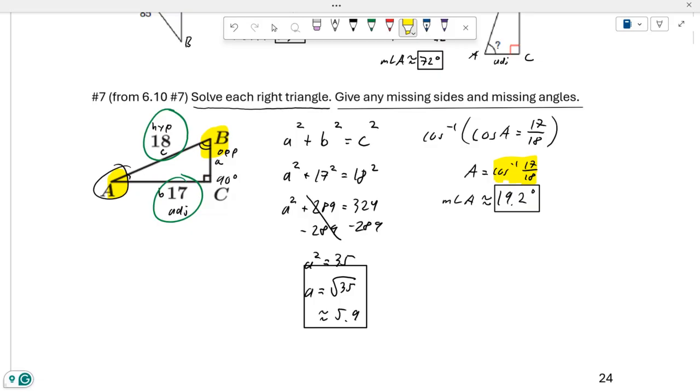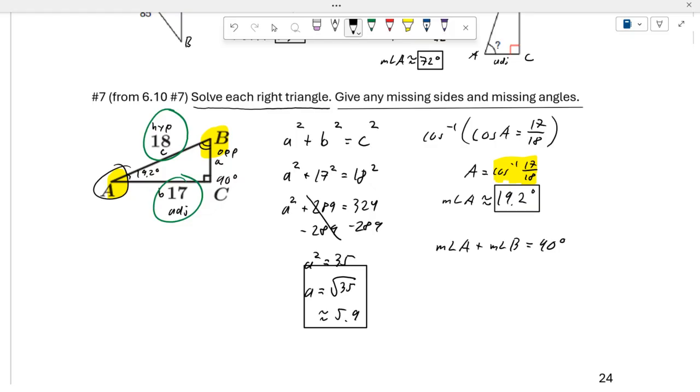So because the measure of angle A is 19.2, the measure of angle B, well, here, I'll write the whole thing out. The measure of angle A plus the measure of angle B must sum to 90 degrees, because together with C, which is itself 90, all three angles sum to 180. Again, my acute angles in a right triangle always sum to 90 degrees, and that means they're called complementary.